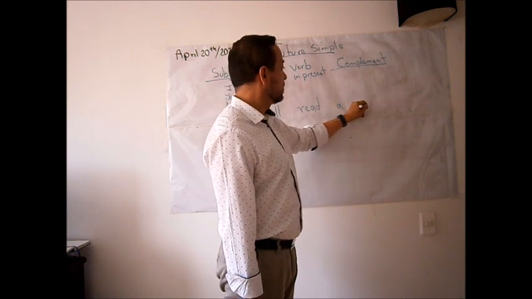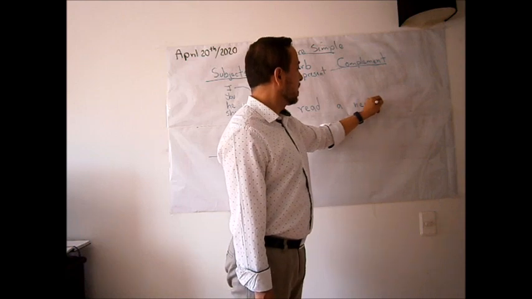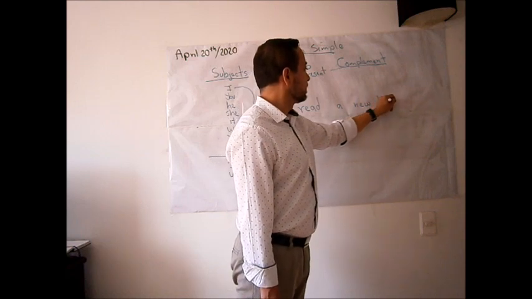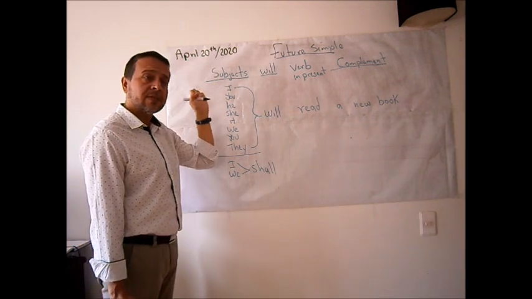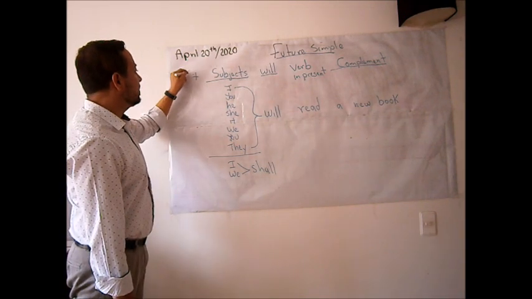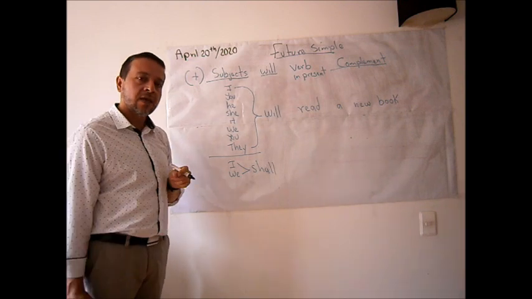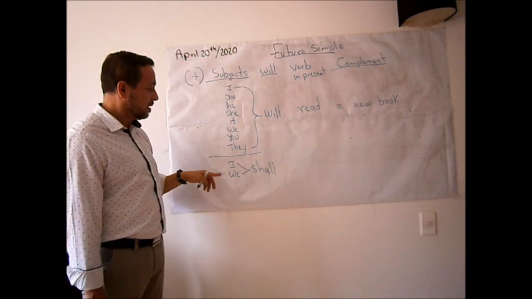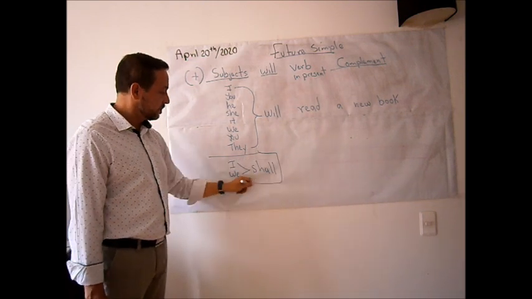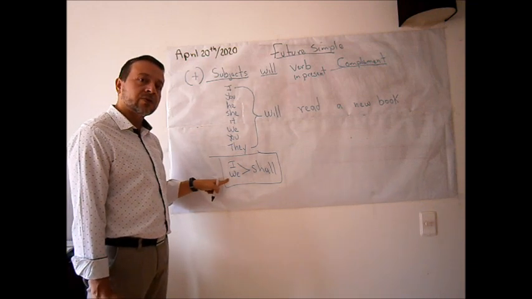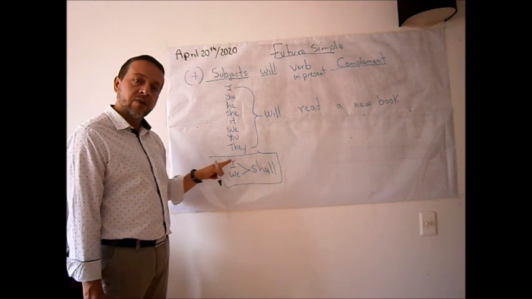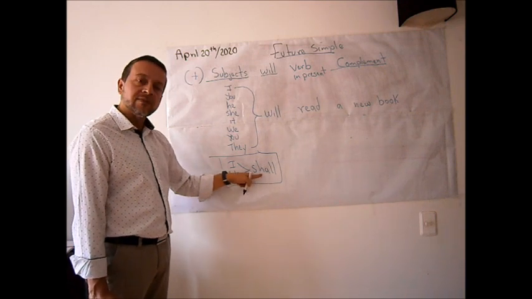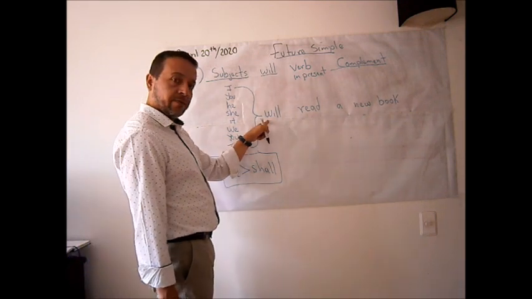A new book, okay? This is the grammar structure for affirmative sentences. Remember, in this case, is when we use British English. British English uses shall with I and we, but it's the same thing as saying will, okay?